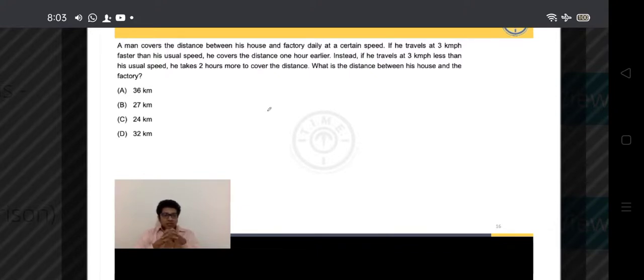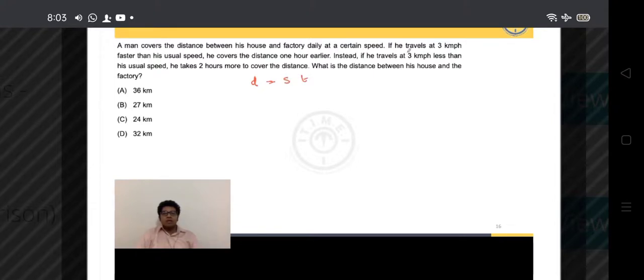A man covers the distance between his house and factory daily at a certain speed. If he travels at 3 kilometers per hour faster than his usual speed, he covers the distance 1 hour earlier. Okay, so let's say the distance is the product of speed and time.